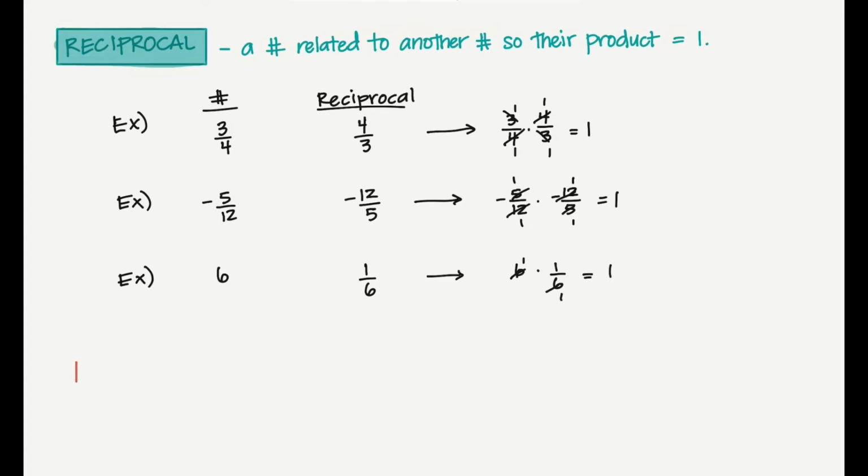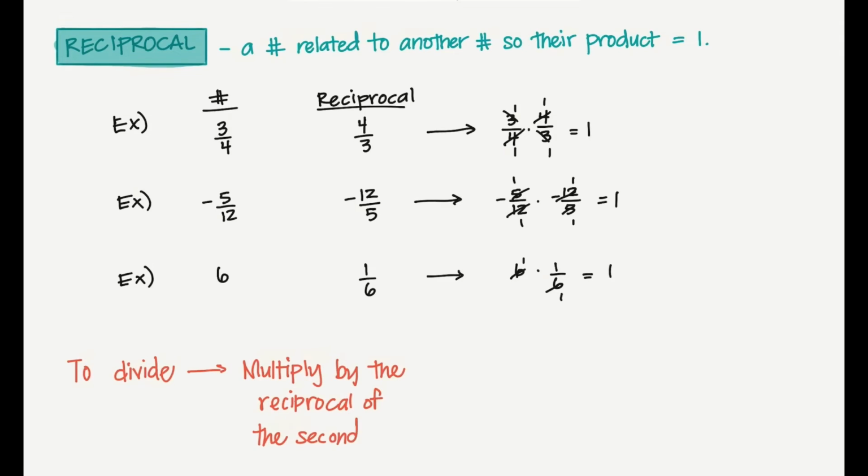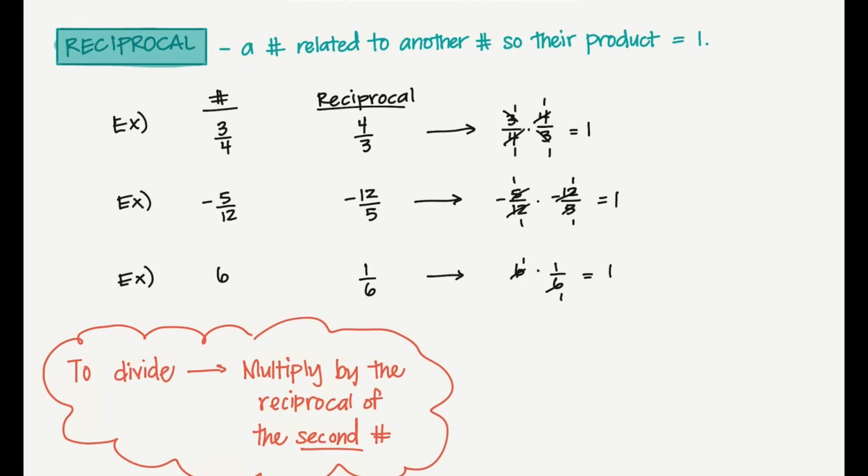The reason why I'm talking about reciprocals is because if you're going to divide fractions, you are really going to multiply by the reciprocal of the second number. Okay, so you're always going to do this with division in terms of dividing two fractions.